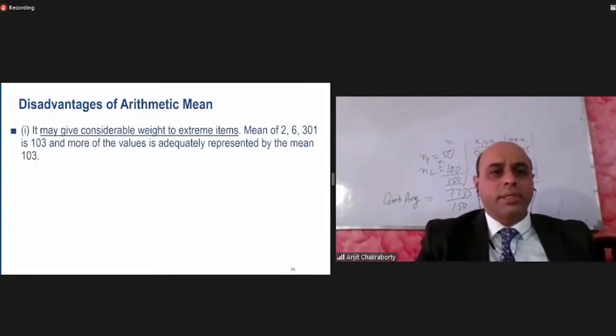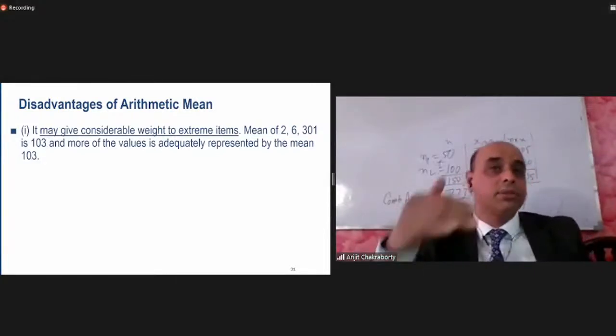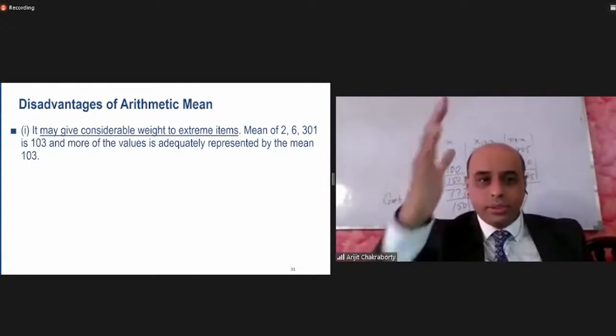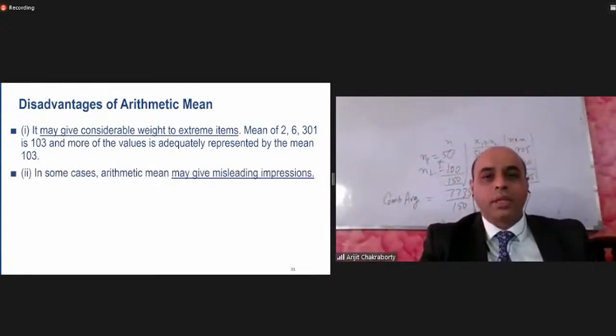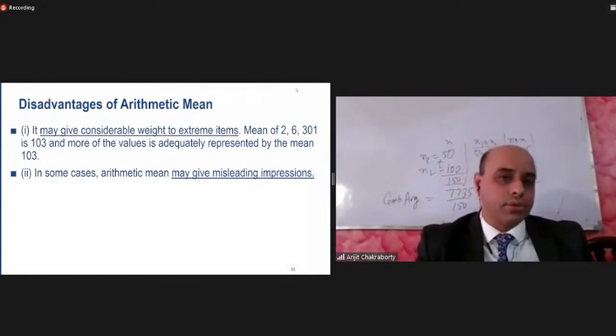Disadvantages of mean: yes, it may give considerable weight to extremes. I was discussing extremes, too high or too low. Just take this example: the mean of 2, 6 and 301 is 103.